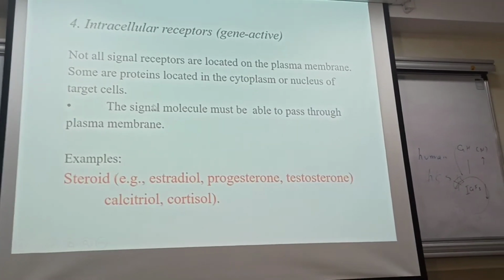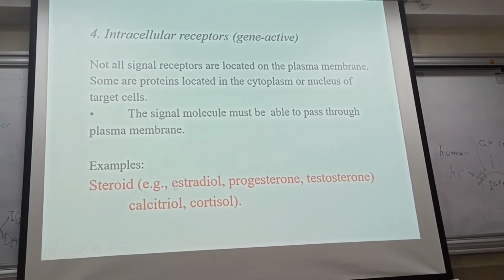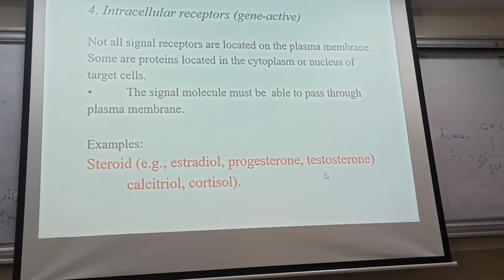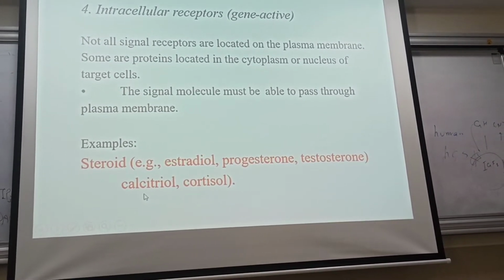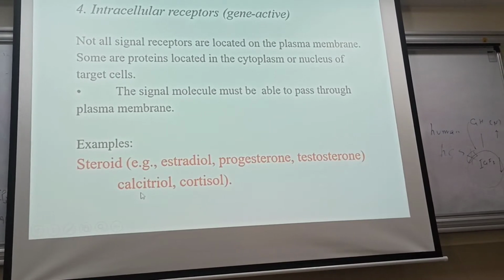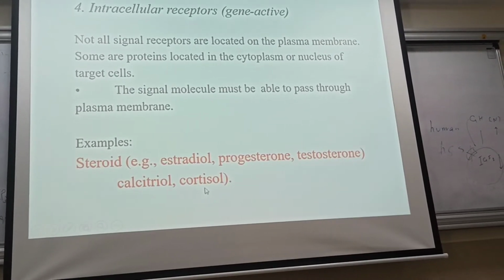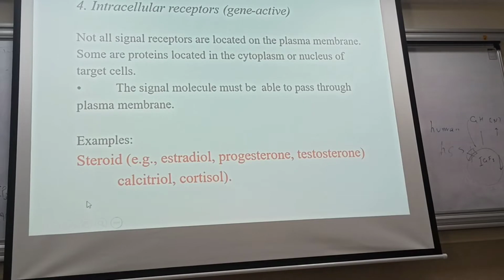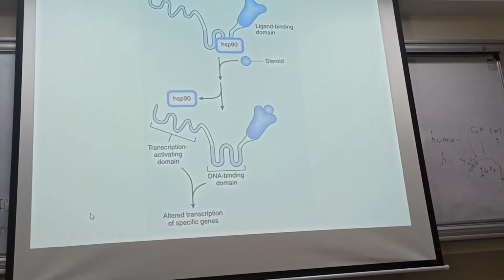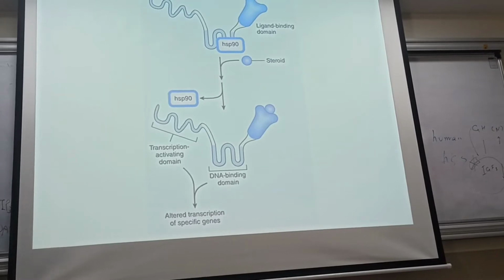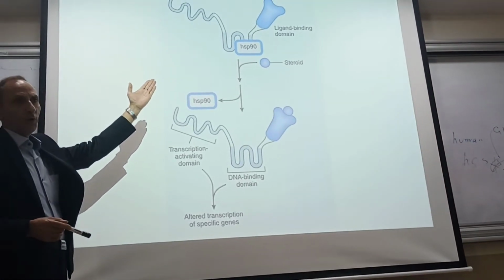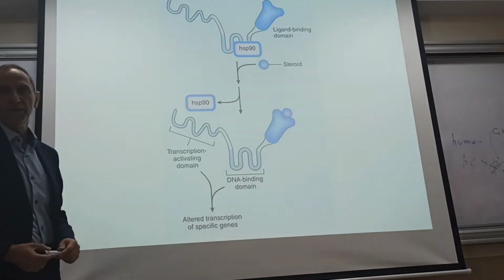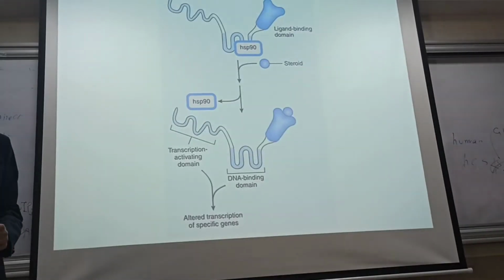Some receptors are gene activators. These are receptors for estradiol, which is estrogen, for progesterone, for testosterone, for calcitriol, which is the active form of vitamin D, and for cortisol, aldosterone, or adrenal cortex hormones. We have gene activation. Here you see an example. You see the receptor. There is a part which is called HSP90, or heat shock protein 90.